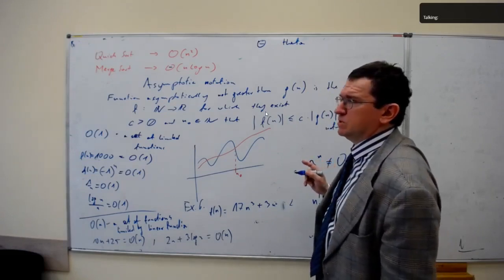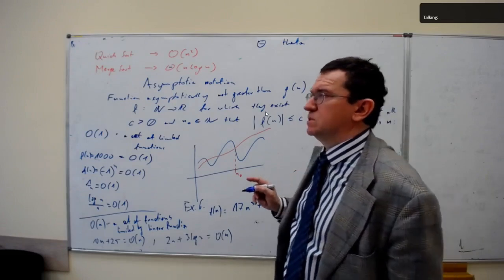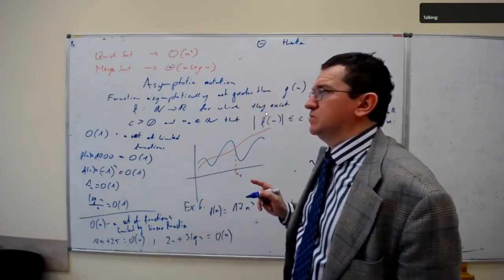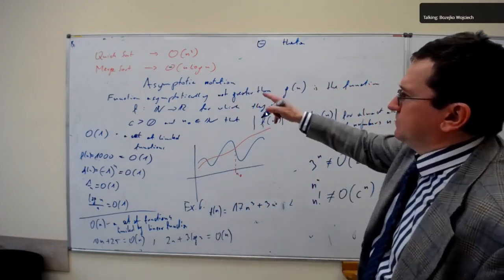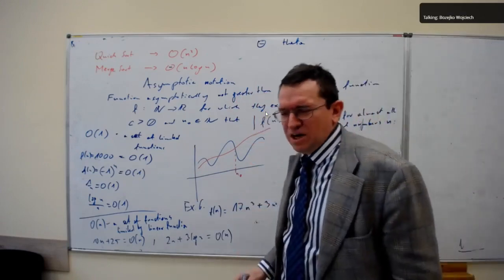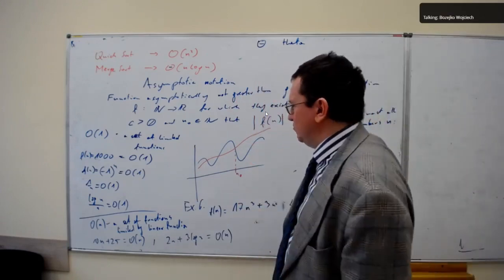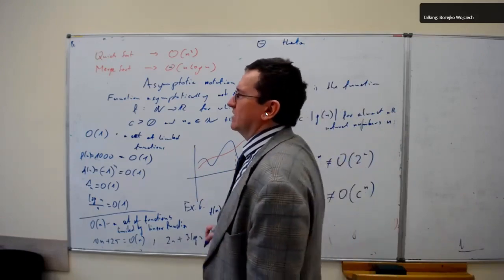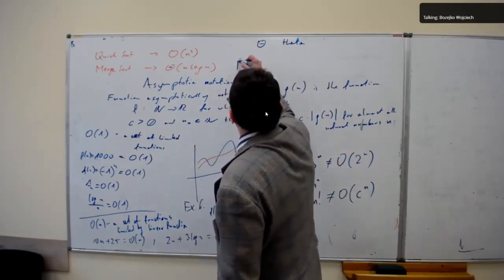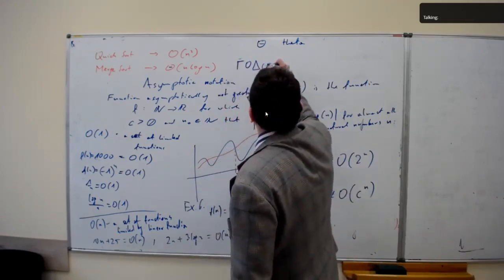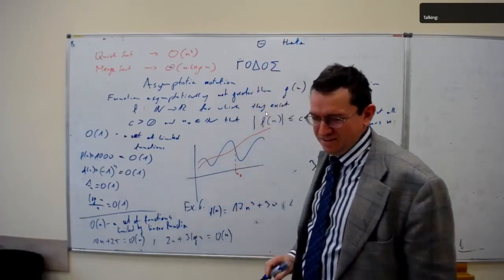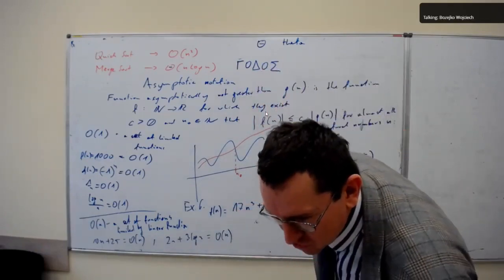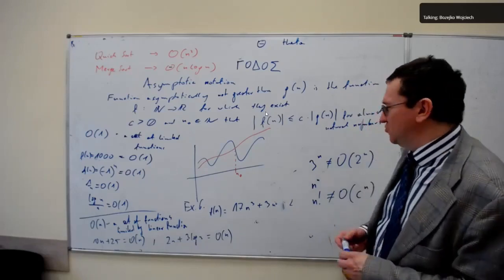I remember the Greek alphabet: alpha, beta, gamma, delta, epsilon, zeta, theta. Okay. The Greek alphabet is very useful. If you travel to a Greek island, if you see something like this, what is this? Rhodos. This is Greek.